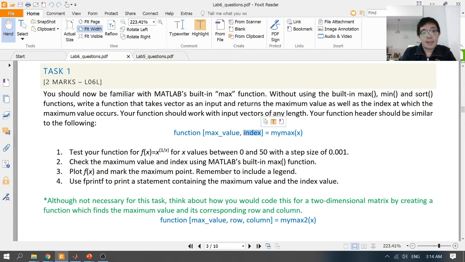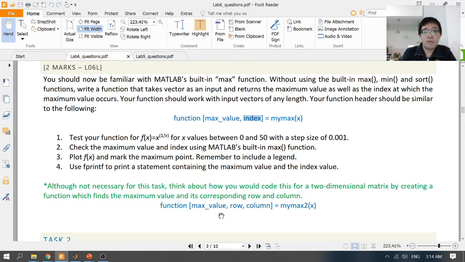The second part of this question asks you to develop another function where X is a 2-dimension matrix. So you need to go through all the elements in the 1-dimension vector or the 2-dimension matrix and identify what is the maximum value.